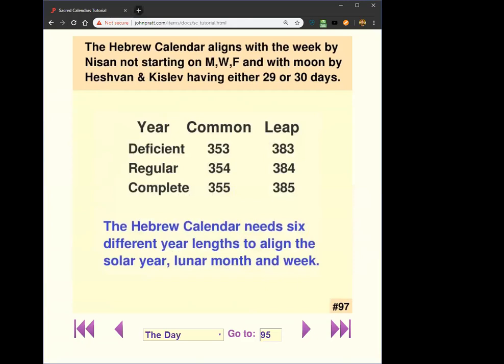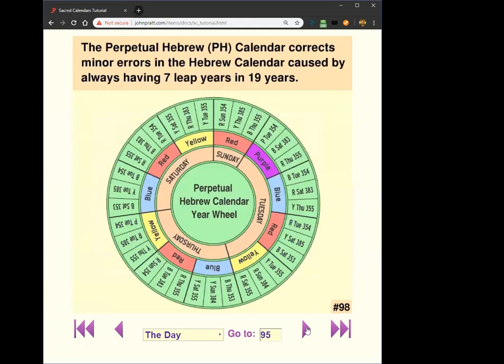Go to number 98. And this took a lot of time, and this was back about late 1990s when this was done. I discovered, or it was discovered to me actually, that there's a recurring pattern that's amazing.